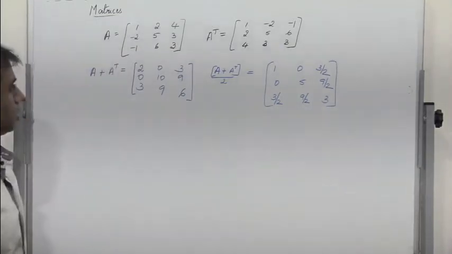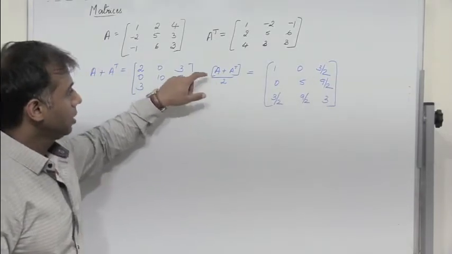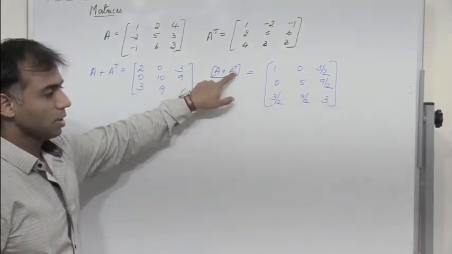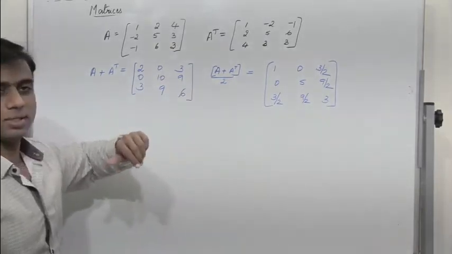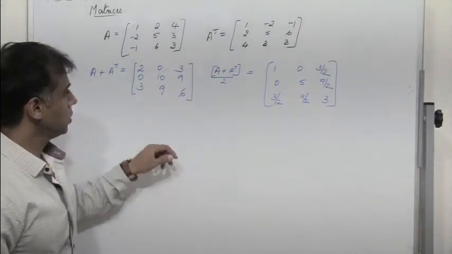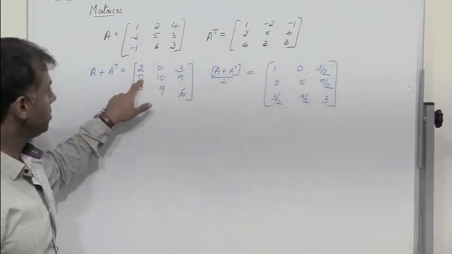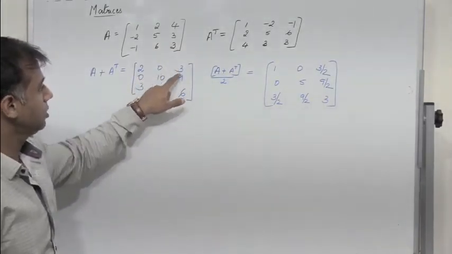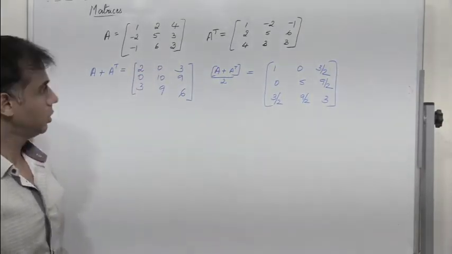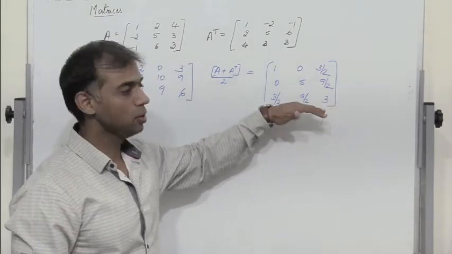Right. So what do we observe? If I observe this matrix, matrix A plus its transpose will actually give me a symmetric matrix. So observe, these are the elements of the principal diagonal. The elements across the principal diagonal are equal, 0, 0, 3, 3, 9, 9. So I have divided the values by 2.